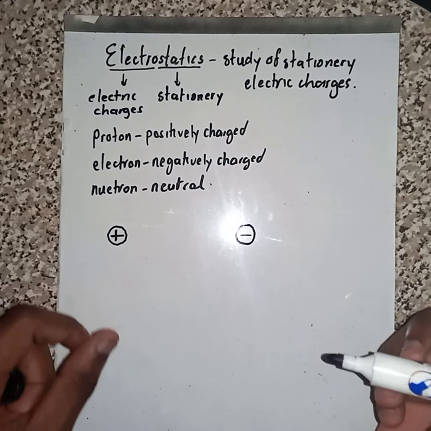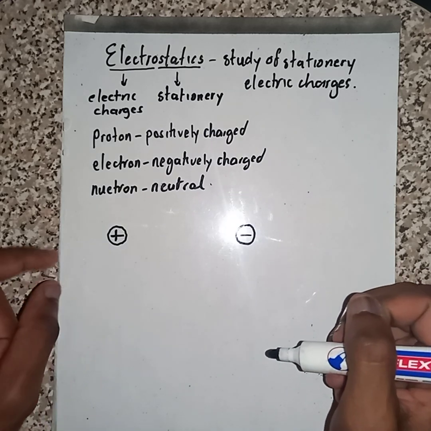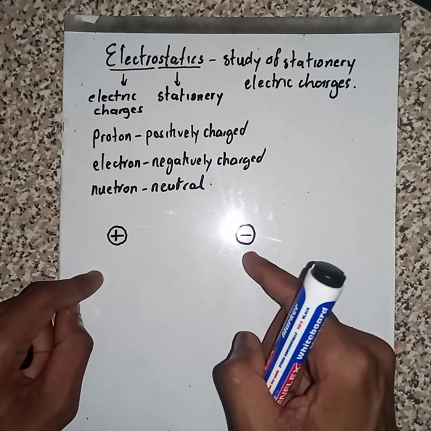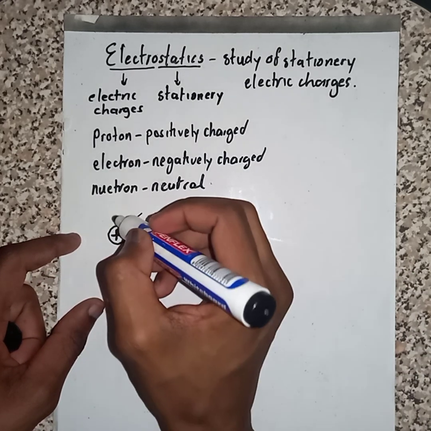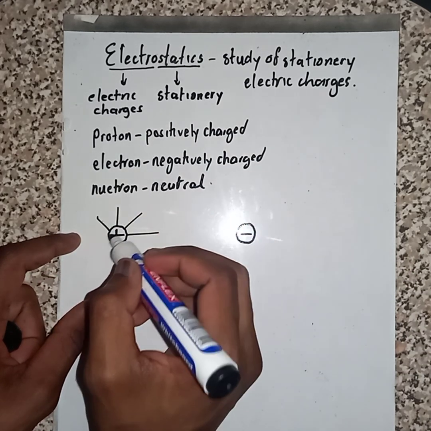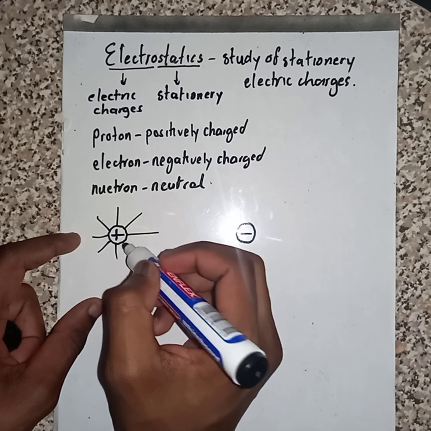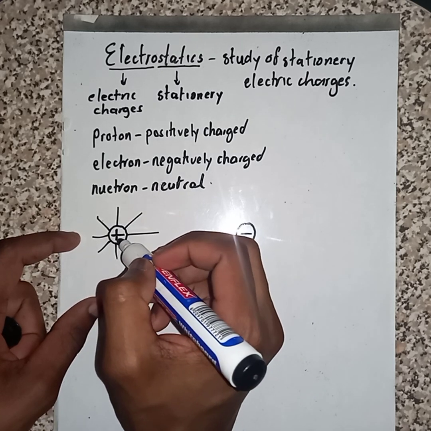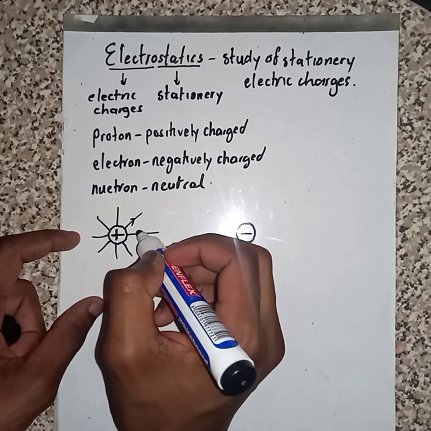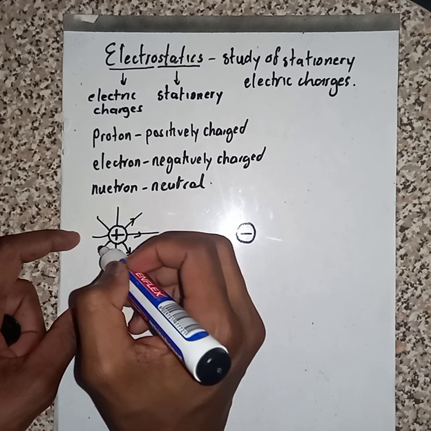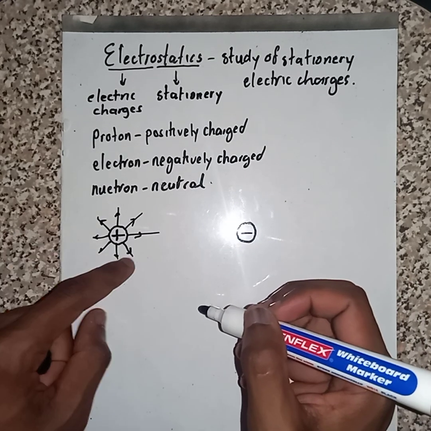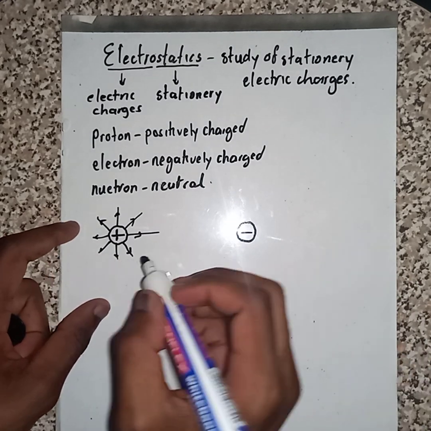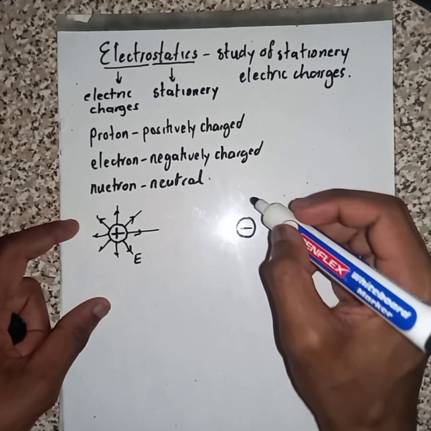You just need to know that a proton as well as an electron produce electric fields. For a proton, the field lines always move away like this. They produce an electric field.